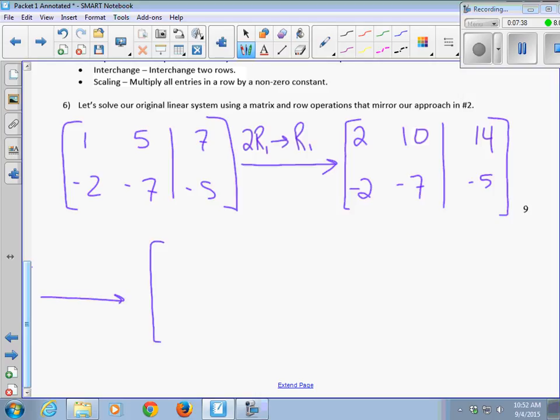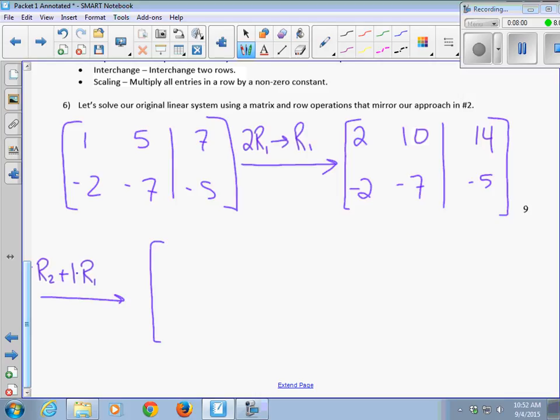Okay, so my next step was I added the two equations together, and that's going to become my new row 2. So row 2 plus 1 row 1, because my row operations say you can add a multiple of one row to another and use it to replace.